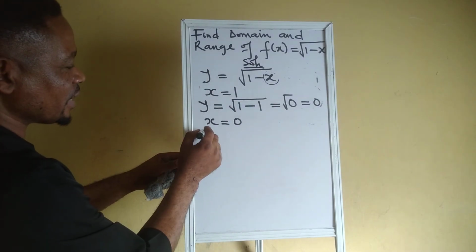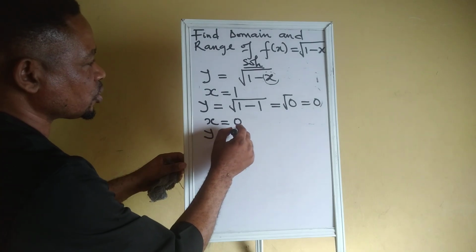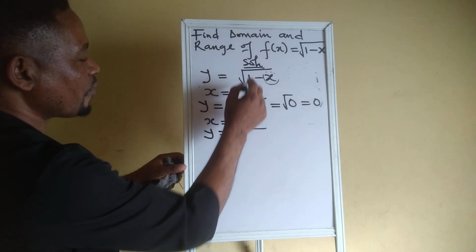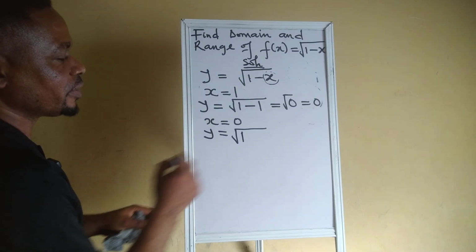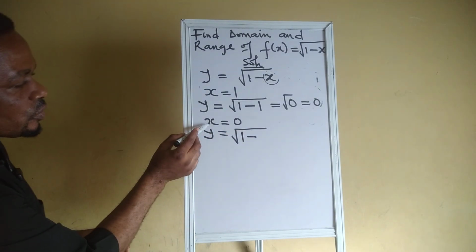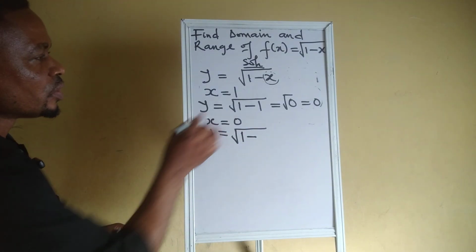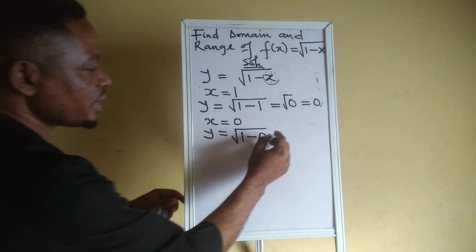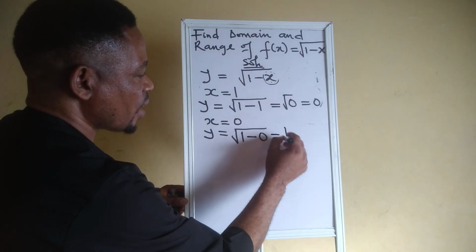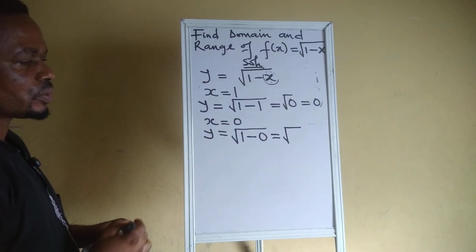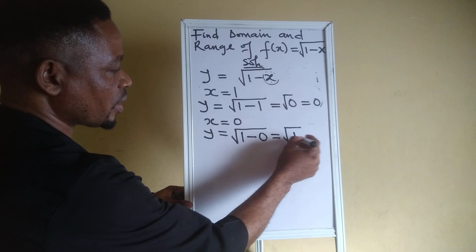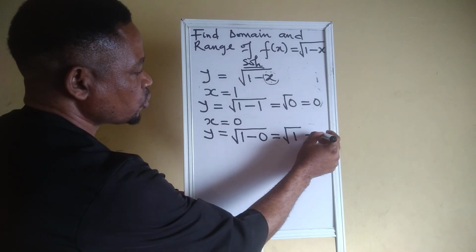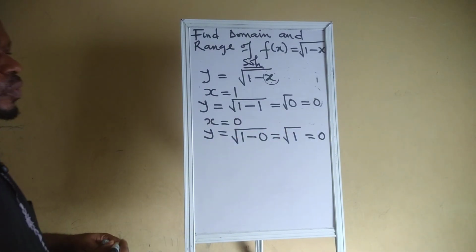I will go again and say y is equal to the square root of 1 minus x. When x is 0, I remove this x and introduce 0. Then it gives me the square root of 1 minus 0, which is 1. And what is the square root of 1? Are you with me now?